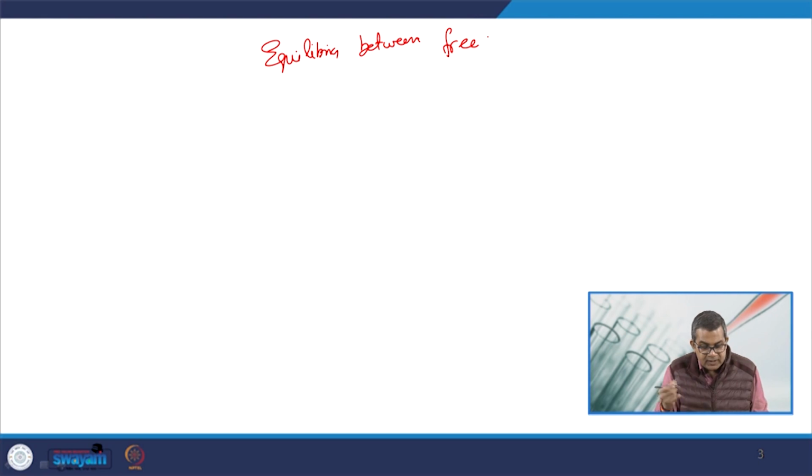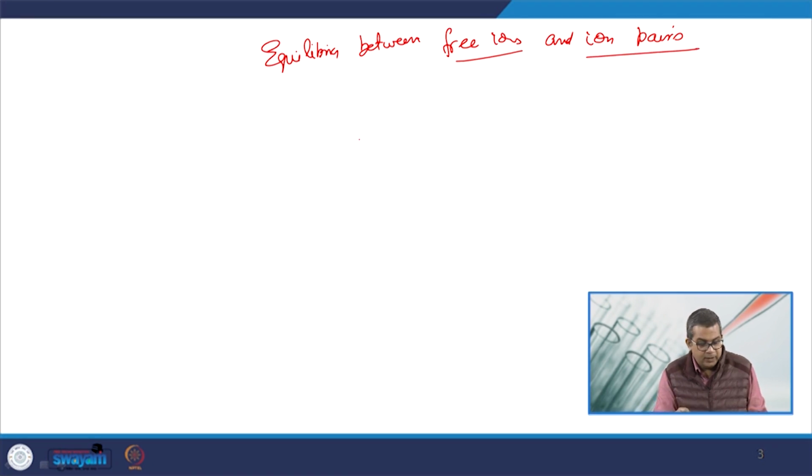Now let us have a look at this concept, that is equilibria between free ions and ion pairs. This is a very important thing while discussing ionic polymerization, how we can establish the equilibria between the free ions and ion pairs. We discussed free ions and we discussed ionic pairs.